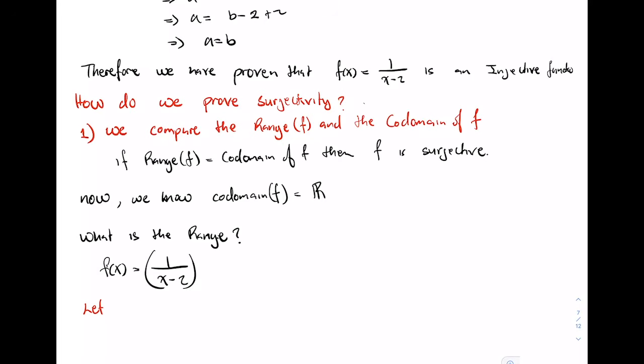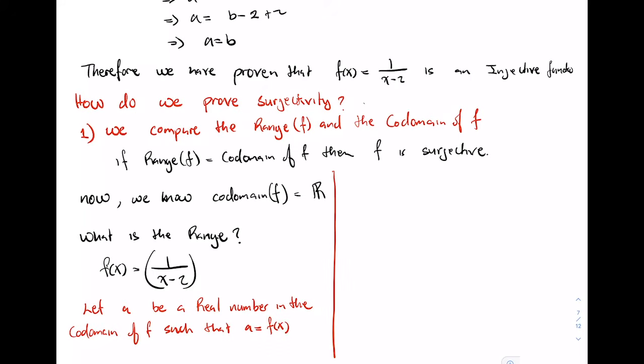Now, how do I find that? I'll say let a be a real number in the codomain of f such that a is equal to f of x, right? And this is a standard procedure that we use, okay?